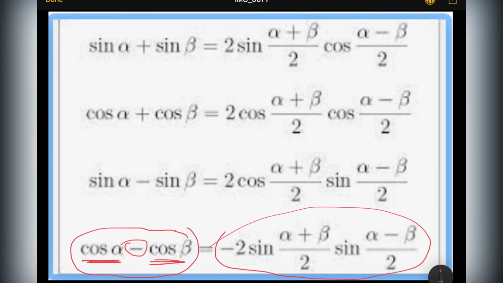So we're going to have negative 2 times sine of what's in our first function plus what's in our second function, divided by 2, and we do the same thing in the next sine function except we're subtracting.